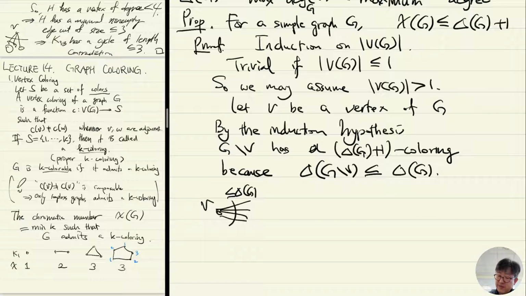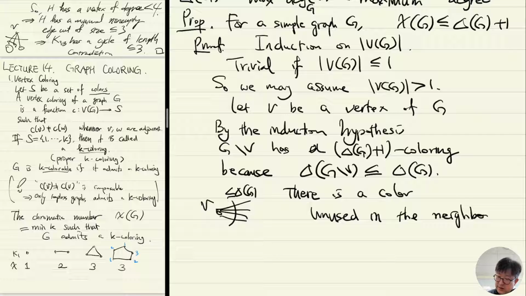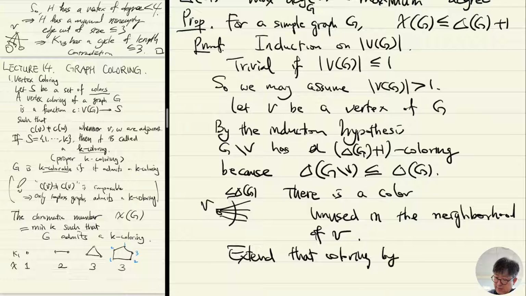The number of colors available is bigger than that. There is a color unused in the neighborhood of V, so extend the coloring by coloring V with this unused color.